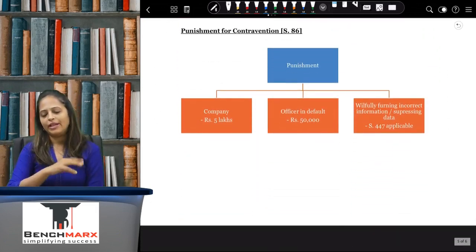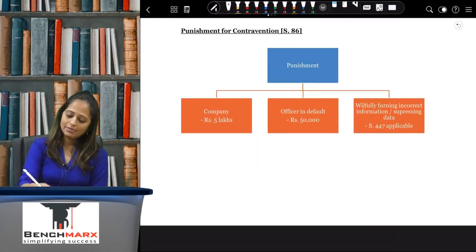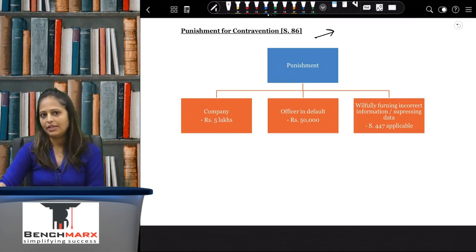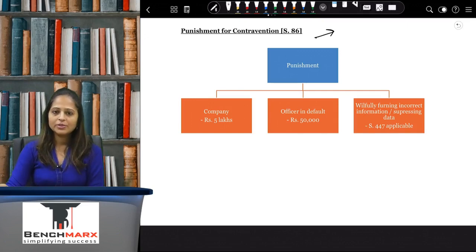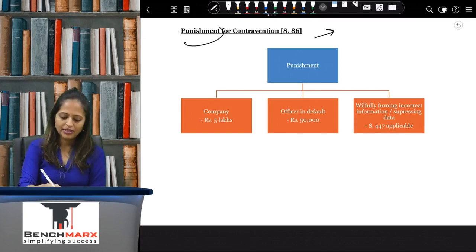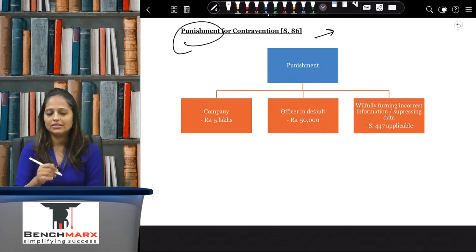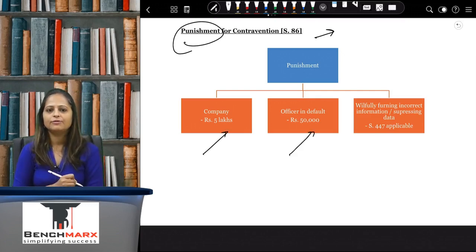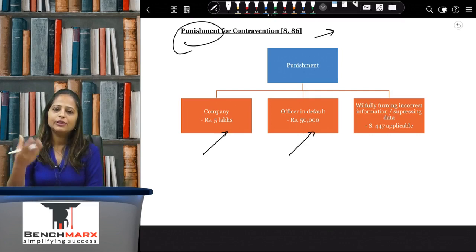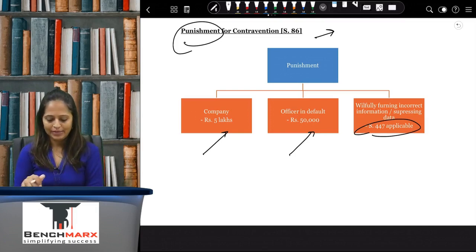If you don't comply with this provision, again something included in your MTP and RTP as well, what is the punishment? Changes have come in the punishment for the May 22 module, so this is applicable for you. Company 5 lakhs, officer in default 50,000. If there is any willful default or concealment, mens rea, guilty mind, in that case section 447 shall be applicable.